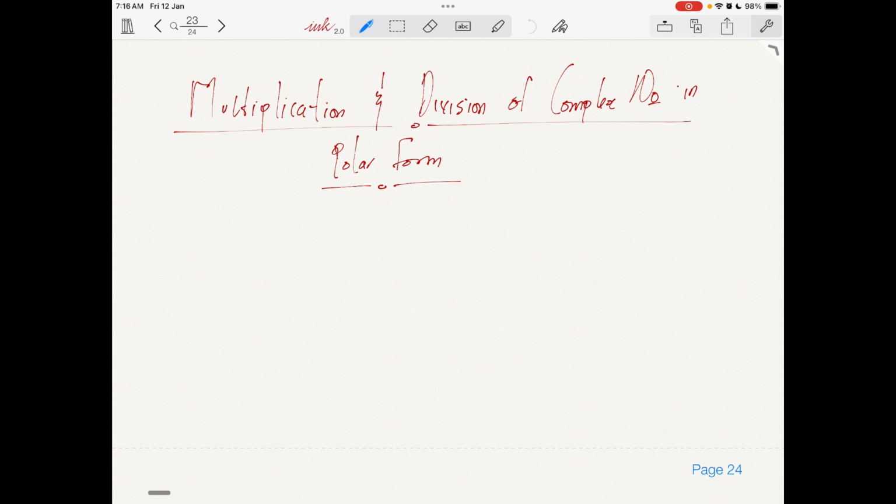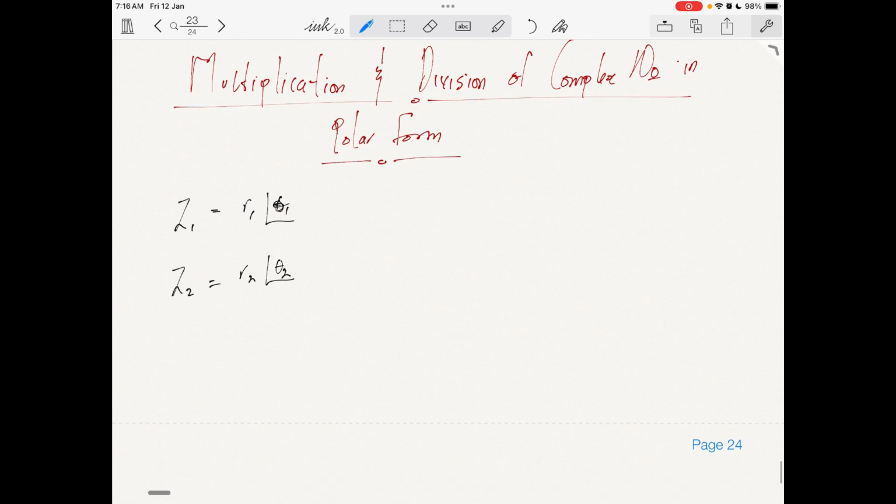So let's create a theory. Let's say we have a complex number z1 equals r1 argument theta 1, and also z2 equals r2 argument theta 2. In this case we want to multiply and we want to divide. The key is very simple.